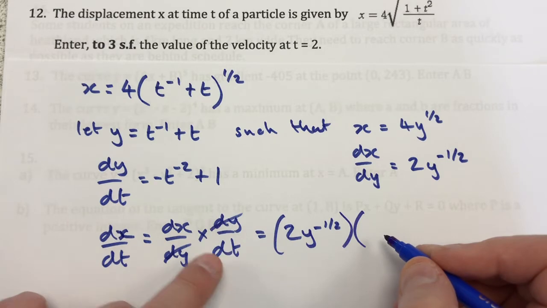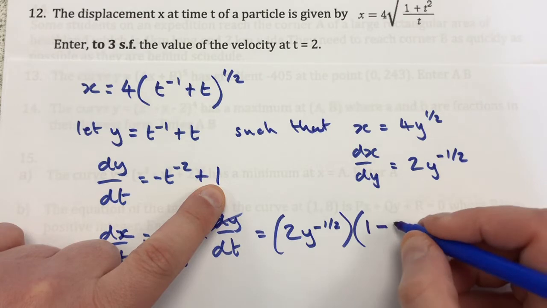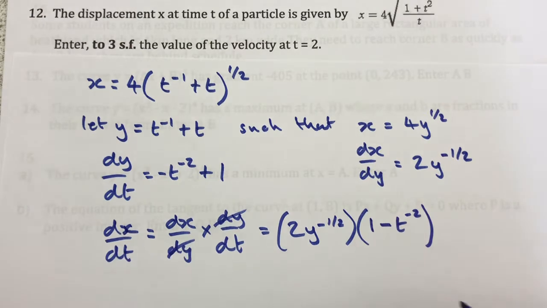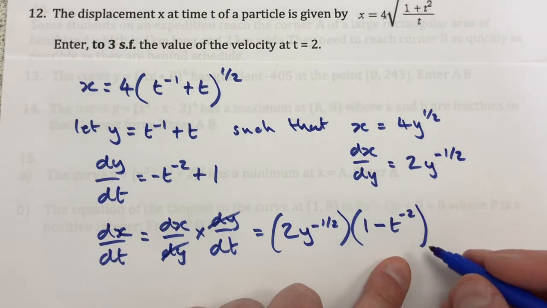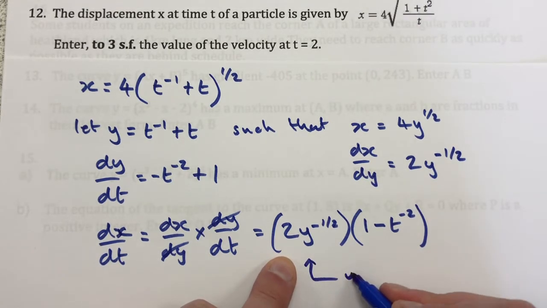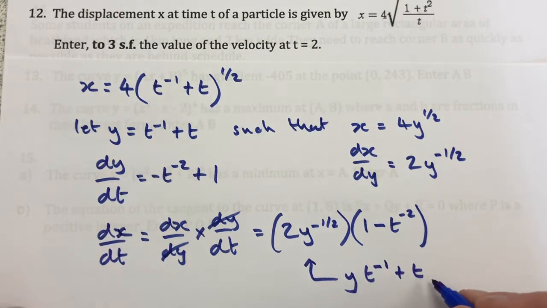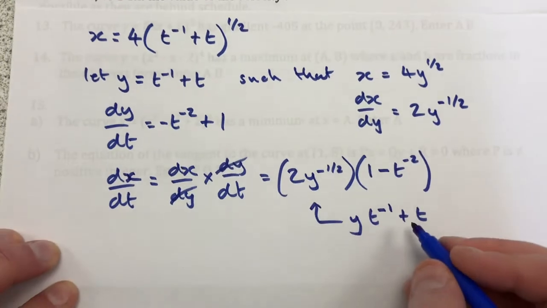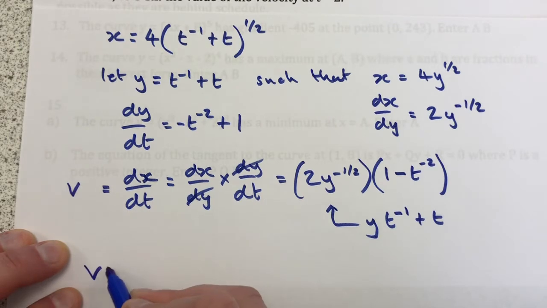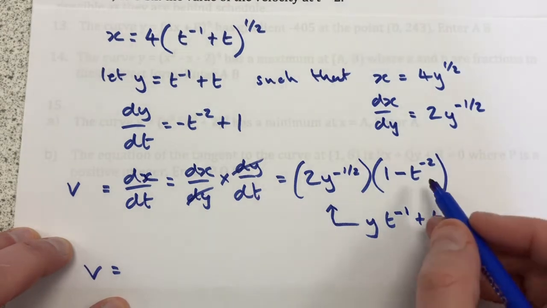And then the dy by dt bit, I might as well take the liberty at this moment to write this as 1 minus t to the minus 2, just a little bit neater. And we need to remember that we need to substitute back in our original expression for y here, and y was t to the minus 1 plus t, and that's going to give us effectively what the velocity is, which is dx by dt.